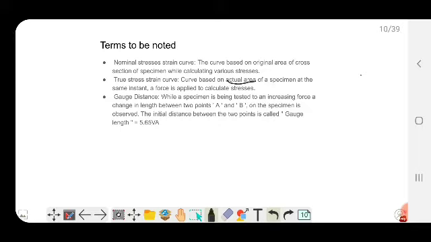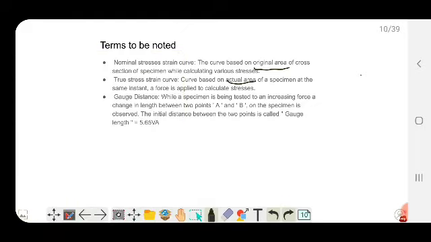So we can see a difference between the original area and the actual area. This is because when we are applying force in one direction, in the other direction the area of cross section is decreasing.